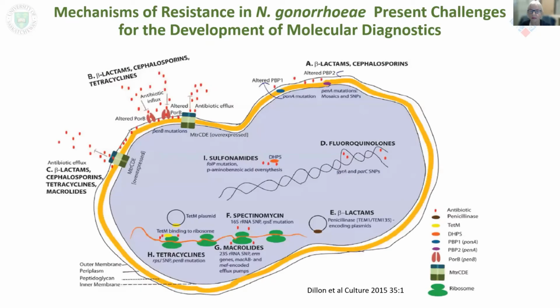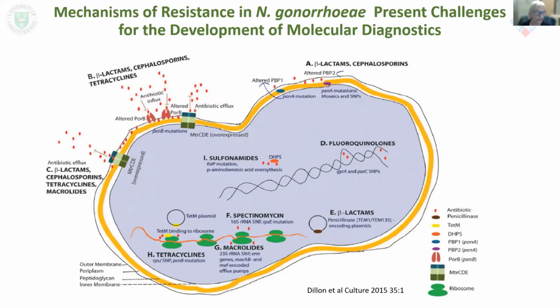The big problem with developing molecular tests for resistance is that there are multiple mechanisms of resistance depending on the antibiotic. Neisseria gonorrhea resistance is mostly mediated by chromosomal mutations in multiple genes. And depending on the antimicrobial, the mutations in these genes tend to be cumulative, in other words, increasing resistance.